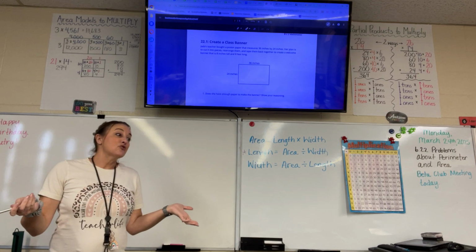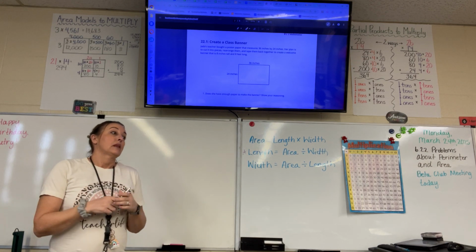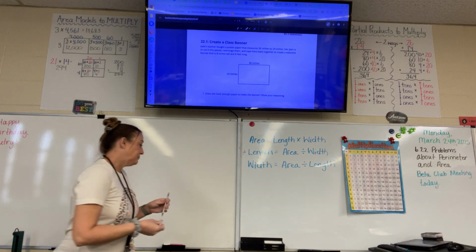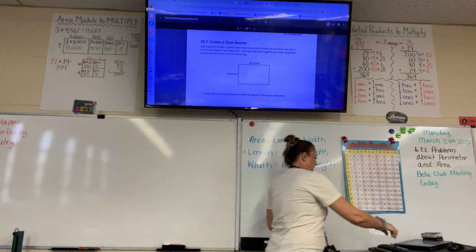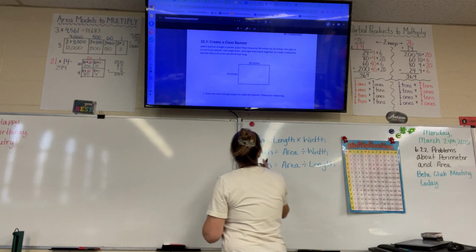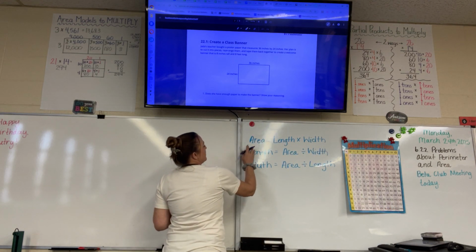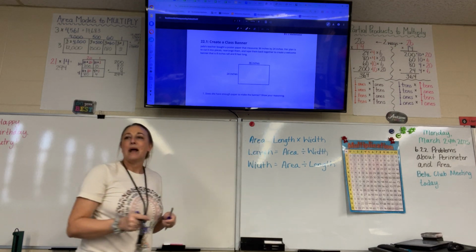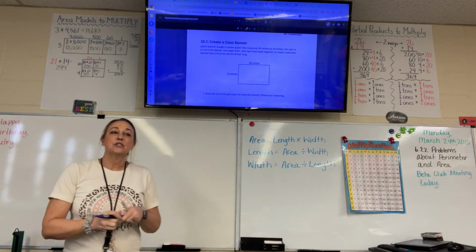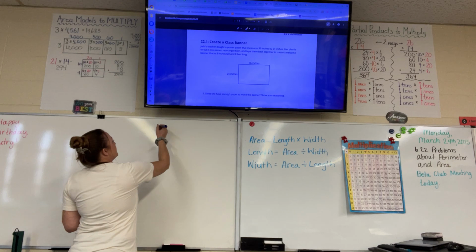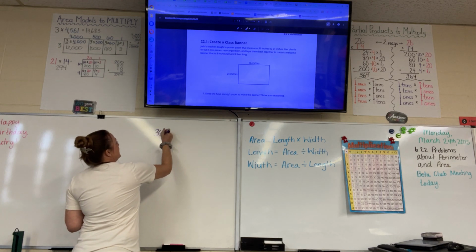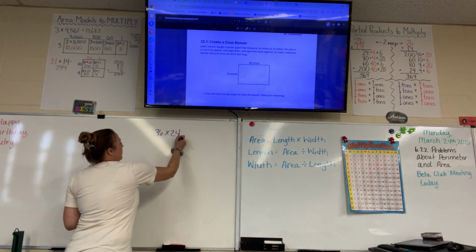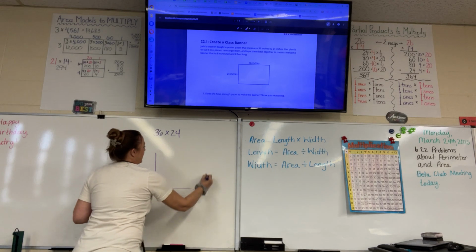But since they didn't draw the grid lines, we've got to figure out the area. This is important, guys, that you understand that you get the area by multiplying the length times the width. So we're going to multiply 36 times 24 using an area model.